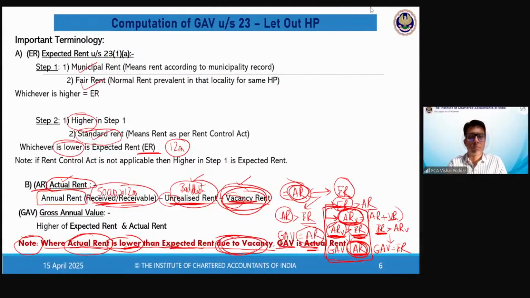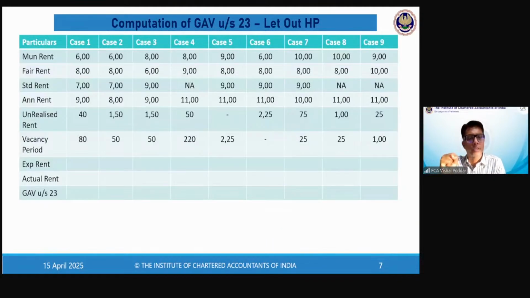So students, I am sure this language is now clear. We should also learn how to interpret the legal language. This is one such beautiful example. So this was the case study scenario where we concluded in the previous session after we understood the practical workings of GAV. Now we will proceed today with the next part in this chapter.